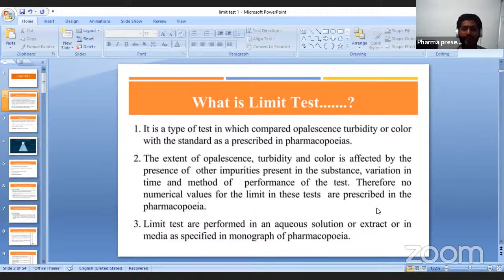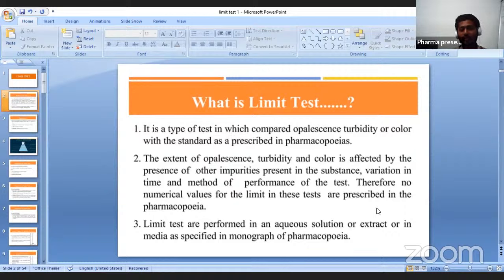So a certain limit value has been given in the pharmacopoeias. A standard limit has been mentioned, and each limit test has a certain method, a certain procedure for preparation of standard and test, and then we check whether it comes within the limits or not.